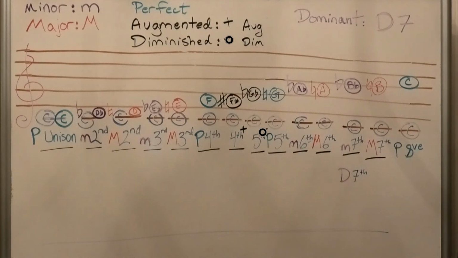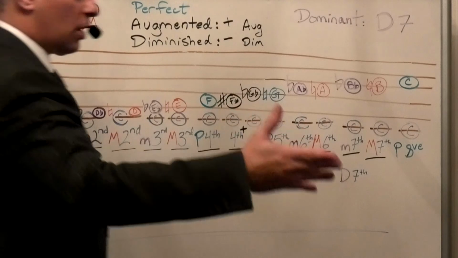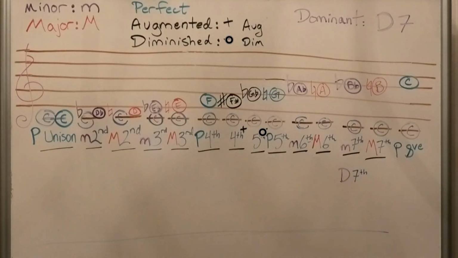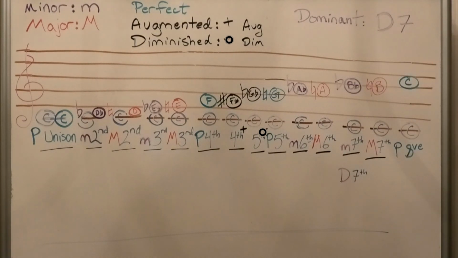Now the chords are built off the intervals. So a major chord is a major third and a perfect fifth away from C. Or you can say a major third and a minor third stacked on top of one another. And so you build your chords off combinations of intervals. And once you learn what those combinations are, then you can do what you need to do.